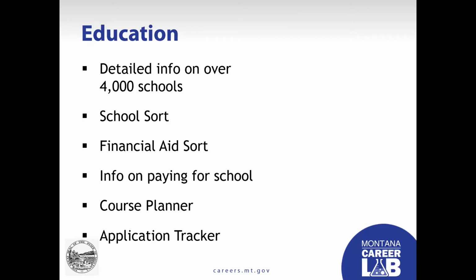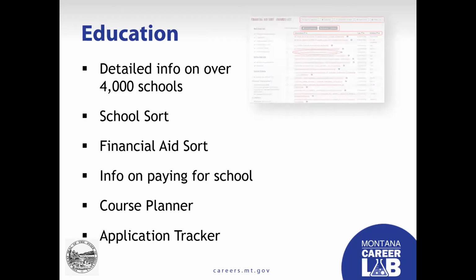On the education tab, there's detailed information on over 4,000 schools, and that's national schools as well as Montana schools. We have a school sort feature where, just like occupation sort, they can go through and answer some questions and it will sort colleges to narrow down that information.